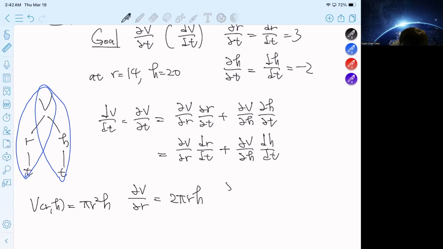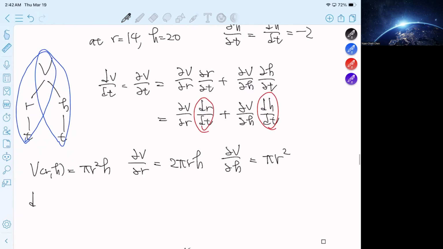And similarly partial V, partial H, every other thing is just constant, so it would just be pi R squared. And dr dt is already given, dH dt is already given. So we can happily write this down.